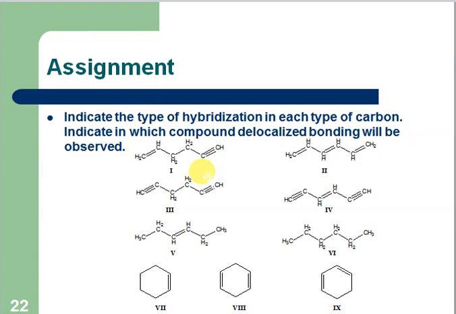Second, you have to indicate in which of these compounds we have delocalized bonding. These are the two questions you have to answer for these structures: the type of hybridization in each carbon, and which of the compounds will show delocalization of electrons, that is, delocalized bonding.